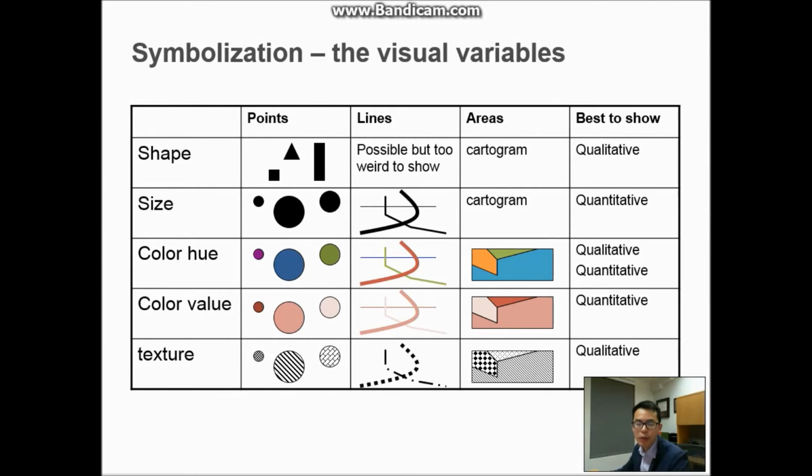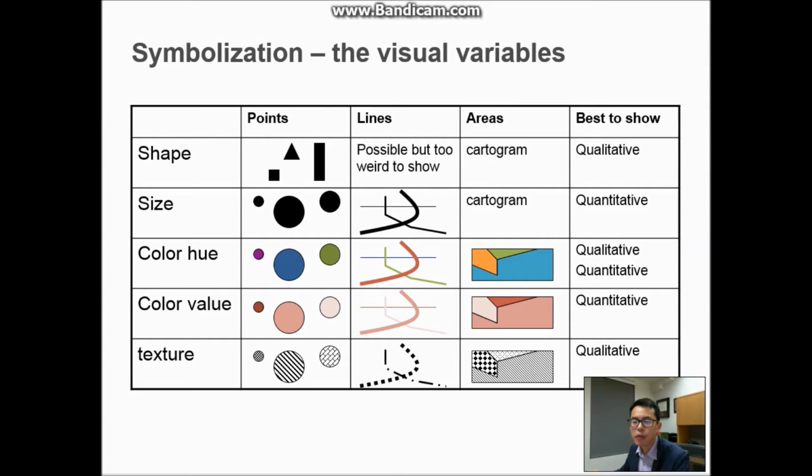So in general, this is a summary of the different symbolization methods in a table. We have shape, size, color hue, color value, and texture on the one side, and then on the other side we have 3 types of vector data: points, lines, and areas. And their examples are also given in this text box.